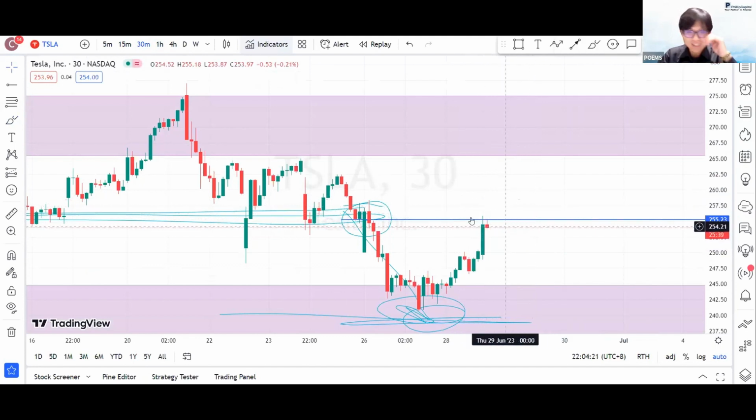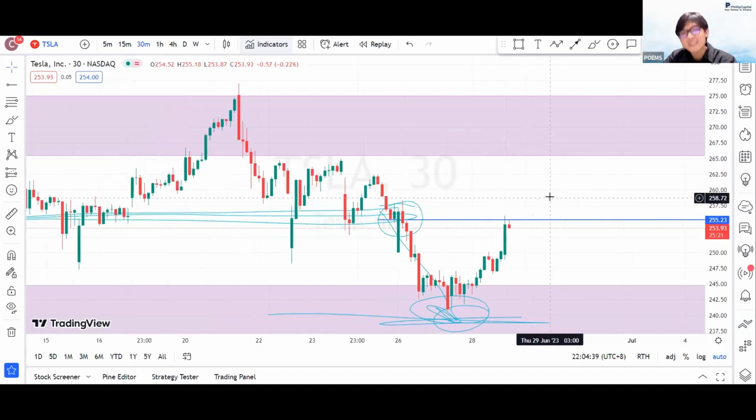So as of now, we are sitting on a delicate level. Price action wise, yes, the previous 30 minutes during the opening was very strong. But because it is sitting on a supply now, there are a few chains of thought.